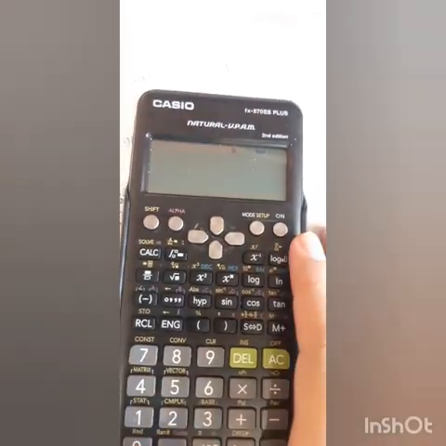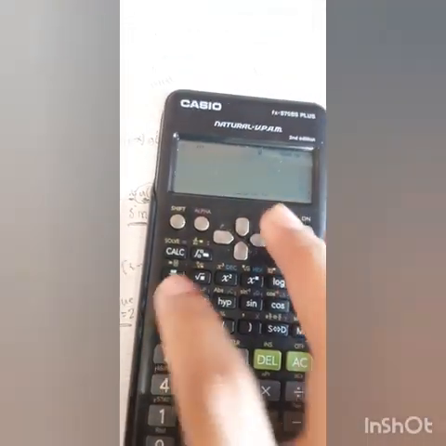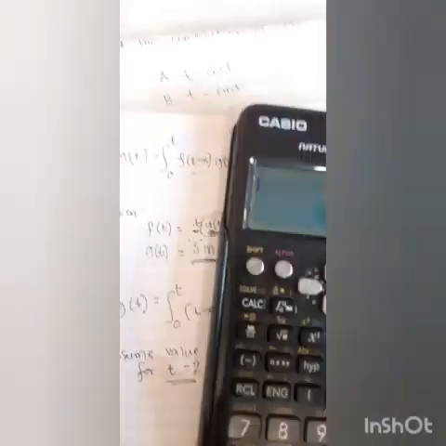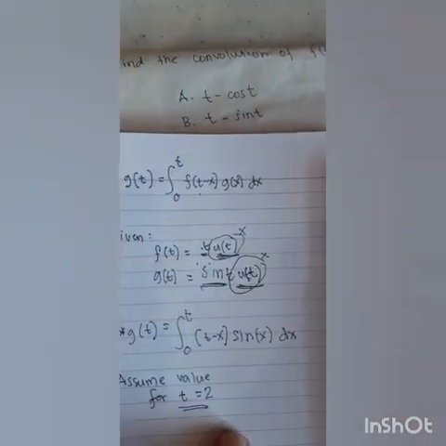Equal sign. Sagot is yan. Shift store A. Okay. From the choices, i-substitute mo ulit ang value ng t, which is 2, doon sa choices.